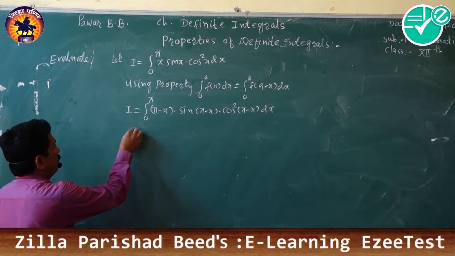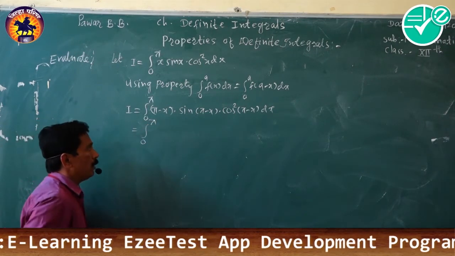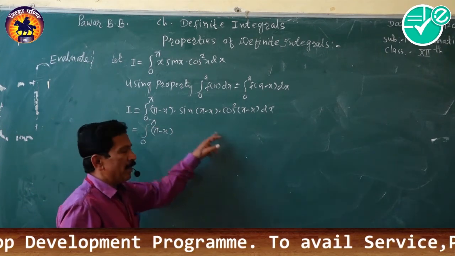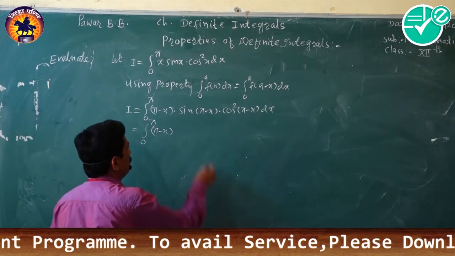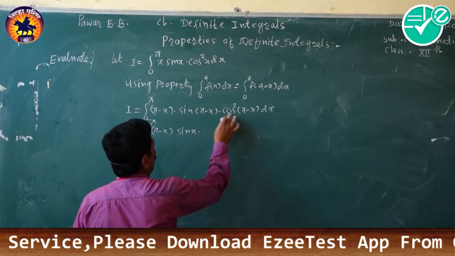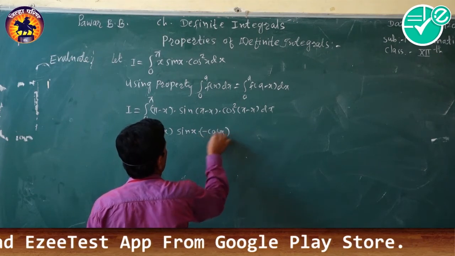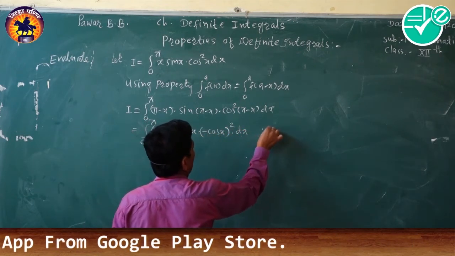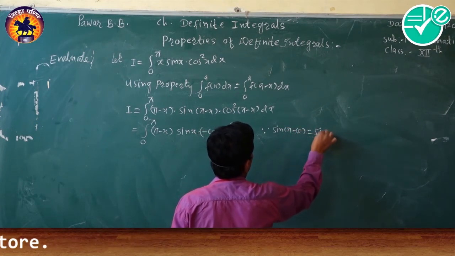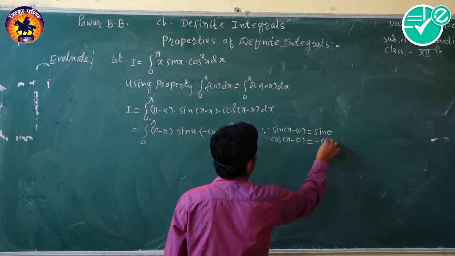Now this is equal to integration from 0 to pi, this pi minus x as it is. Now sine of pi minus x is nothing but sine x, and cos of pi minus x is minus cos x into dx. You can write here, since sine of pi minus theta is equal to sine theta, cos of pi minus theta is minus cos theta.